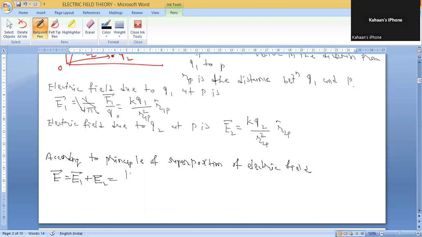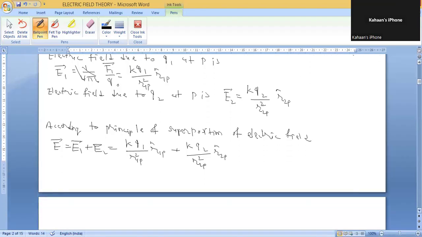Then we write K Q1 by R1P square R1P cap plus K Q2 by R2P square into R2P cap. Here we take only a two charge system, but we take n charges.